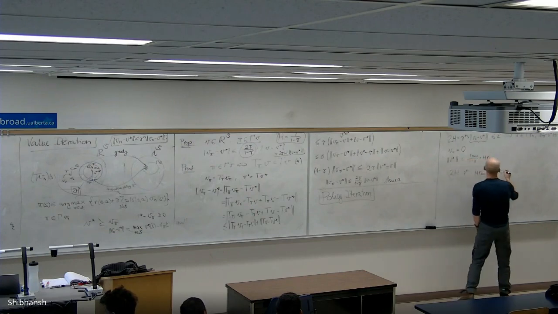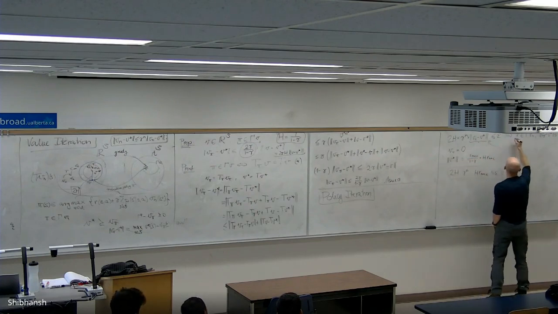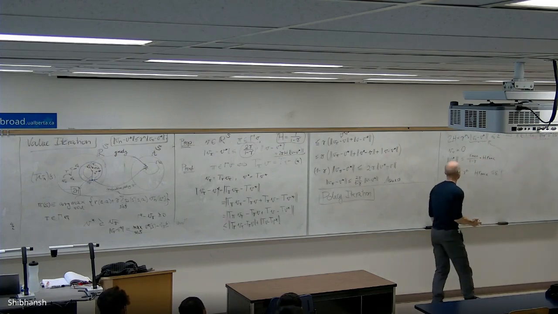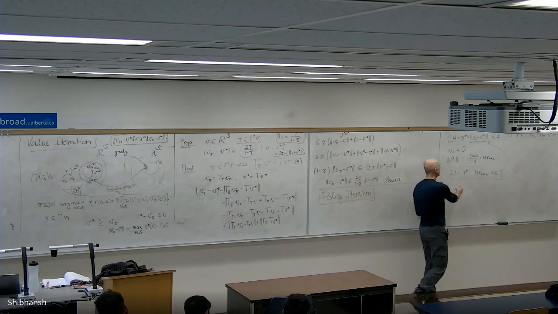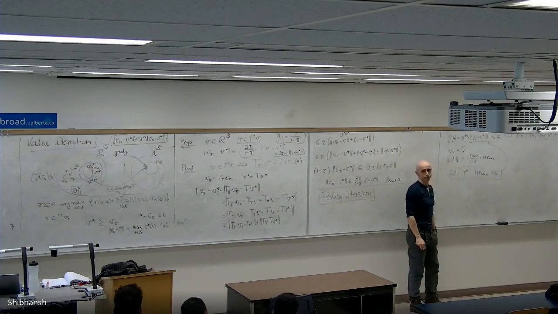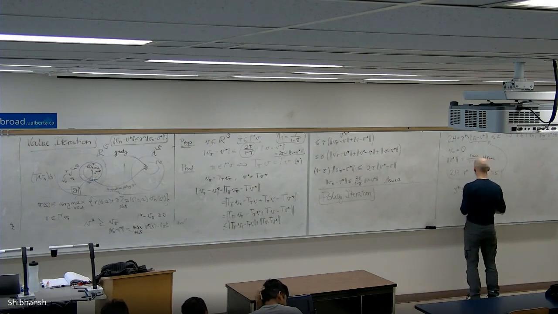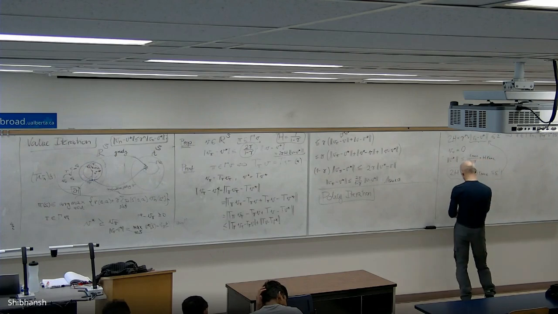From this, it follows that this holds. And from this, it follows that this holds, which is what we want. So now we can solve this for n. And if you solve it for n, you get gamma^n should be smaller than or equal to epsilon divided by 2h squared R max. You take the log.